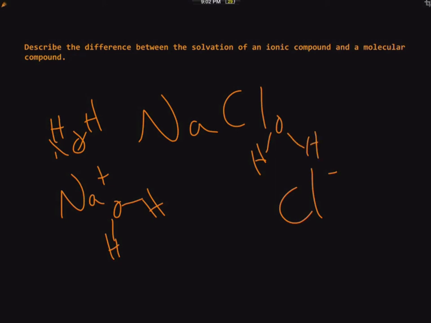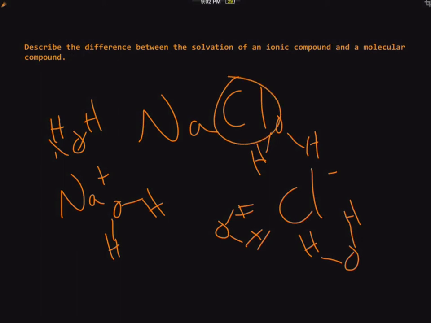And the individual ions are actually separated from each other. The ionic bond is broken by the very polar bonds of the water molecules. So these things are dissociated into their separate components.